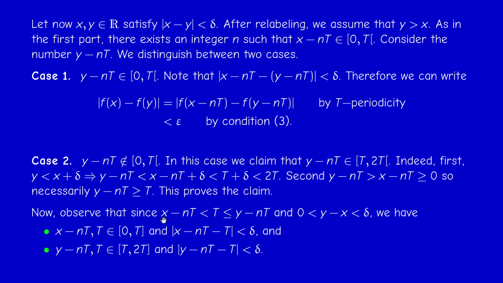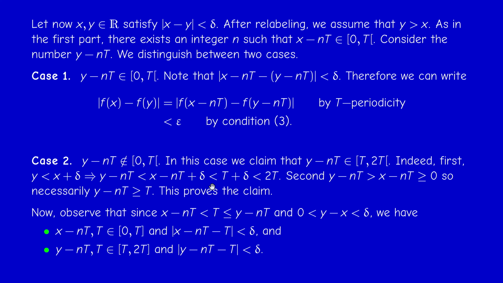So what do we have now? We have x minus nt is less than t, and y minus nt is bigger than t. So these 3 points are in this order: x minus nt, t, and y minus nt. And the difference between y and x is less than delta and positive. If y minus x is less than delta, then t minus (x minus nt) is also less than delta, because it is in between.